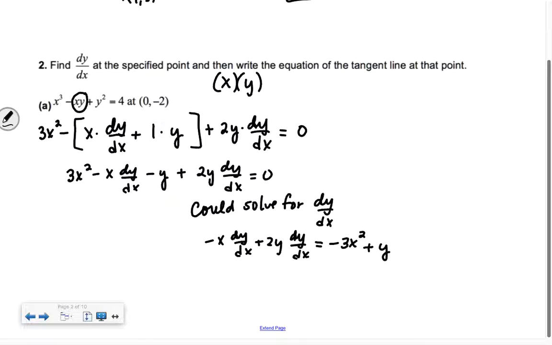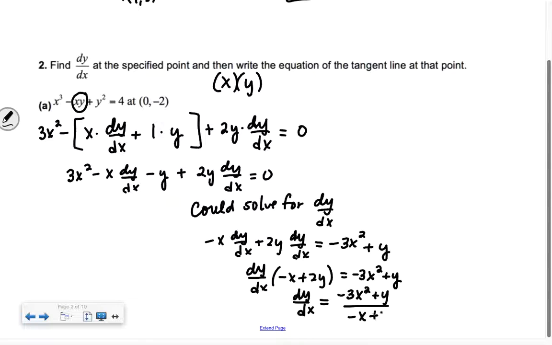Pull out the dy over dx, because then in parentheses you'd have negative x plus 2y, and then divide that whole term over. So dy over dx equals negative 3x squared plus y all over negative x plus 2y, like that. So you could solve for dy over dx.